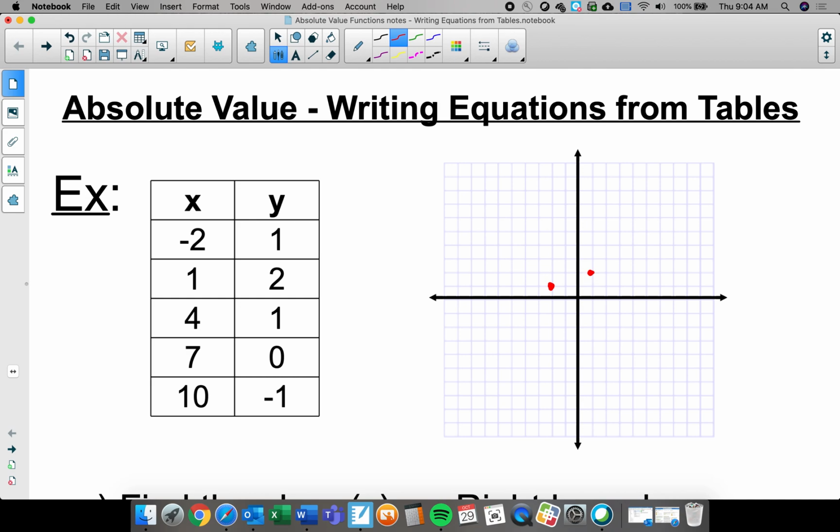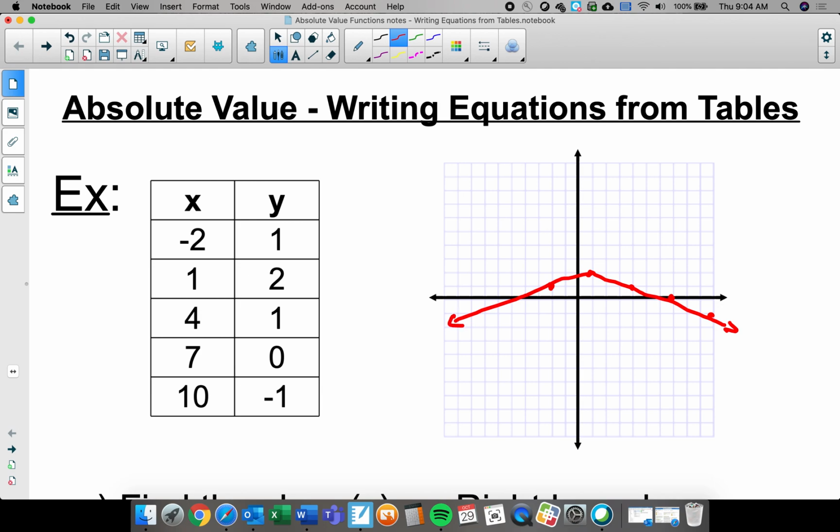Positive 4, 1, there we go. 7, 0, and 10, negative 1. So if you take a look, there is the absolute value function that we're taking a look at, okay? And so we just connect that piece up, and then I can also connect that piece up.